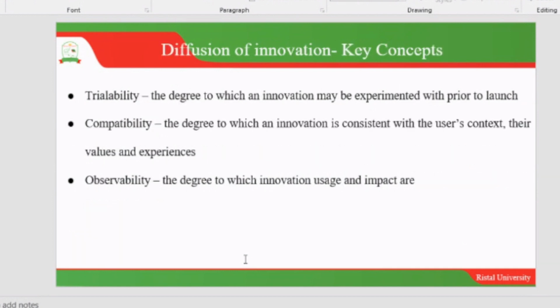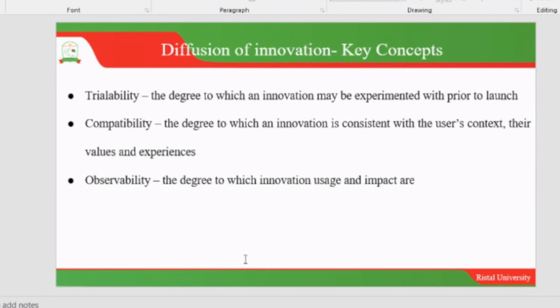Then the key concepts here, like I had promised earlier to talk about them, include trialability, which is the degree to which an innovation may be experimented with prior to launch. So your innovation should be able to embody that trait of being experimented with, so that you can gain feedback from it.